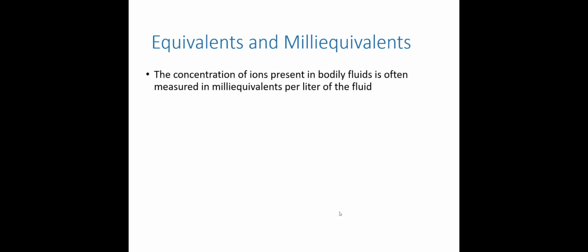When we look at lab results, they are commonly reported in milliequivalents per liter for certain compounds that are present in blood or urine or other bodily fluids. So because they're going to be in much smaller amounts than equivalents, we'll usually talk about these in milliequivalents instead. So an equivalent is simply 1,000 milliequivalents.